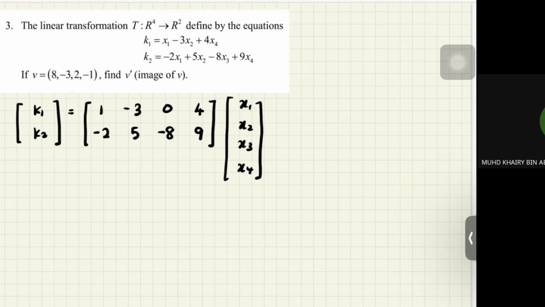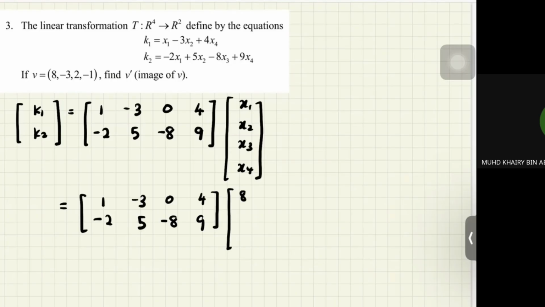These four elements of V, 1, 2, 3, 4, go into x1, x2, x3, and x4. So rewrite this and multiply the matrix.